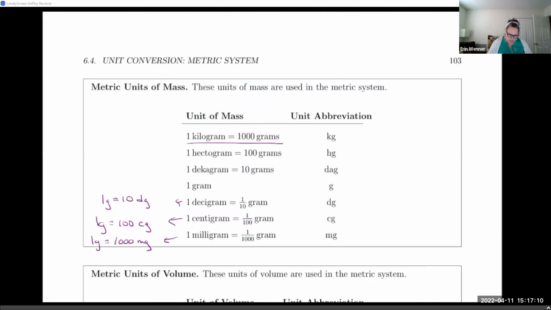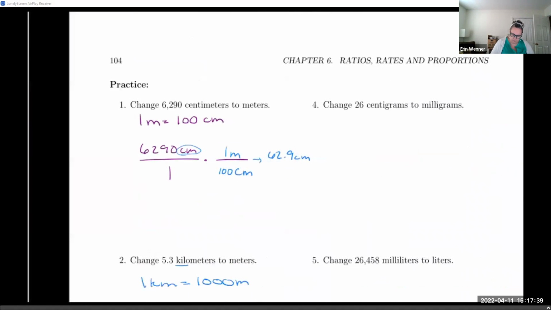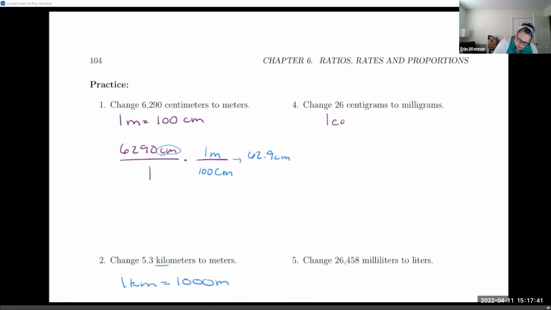So if we look at centigrams and milligrams, in order to go from centigrams to milligrams, we divide by 10, and so 1 centigram is equal to 10 milligrams. Okay. So using this unit of measure, we're going to go back to our problem. We're going to say 1 centigram is equal to 10 milligrams. So go ahead and send me your answer to number 4.